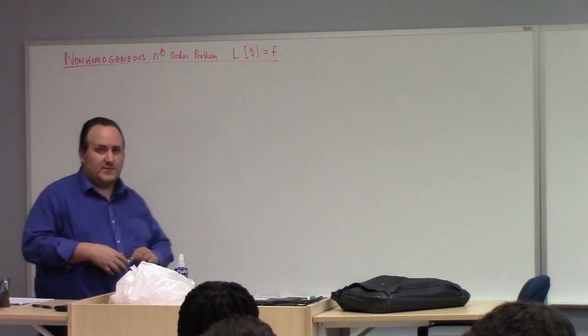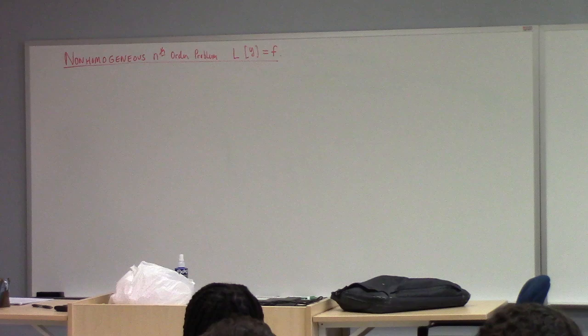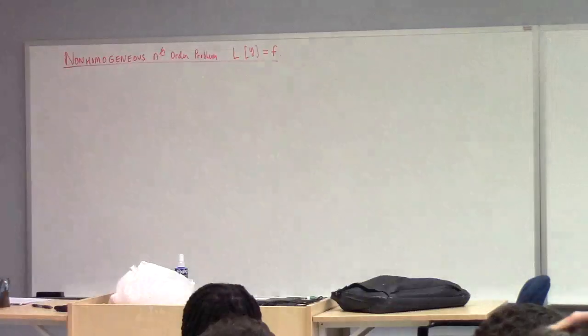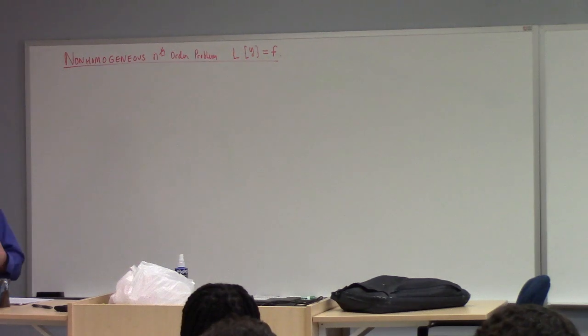So, before I even get into the non-homogeneous problem, I should take another stab at the homogeneous problem just a little bit. There is another way to think about it.